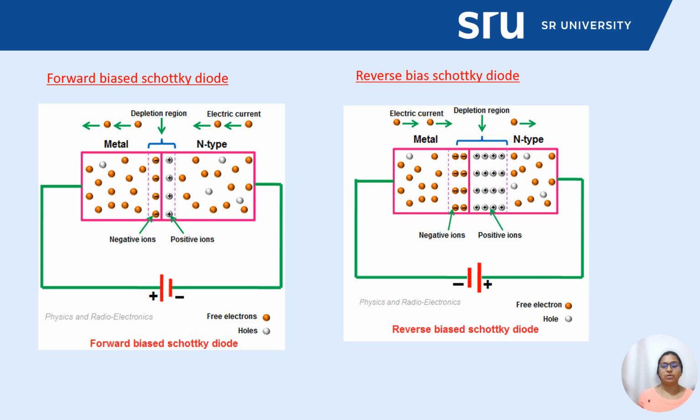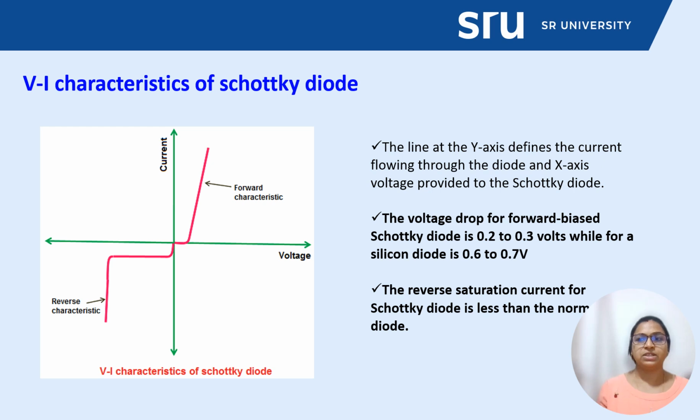So now let's see how the IV characteristics of this diode look. So this is the IV characteristics of the Schottky diode. You can see that this is the forward characteristics and this is the reverse bias. So it is hugely different from the other semiconductor diodes actually.